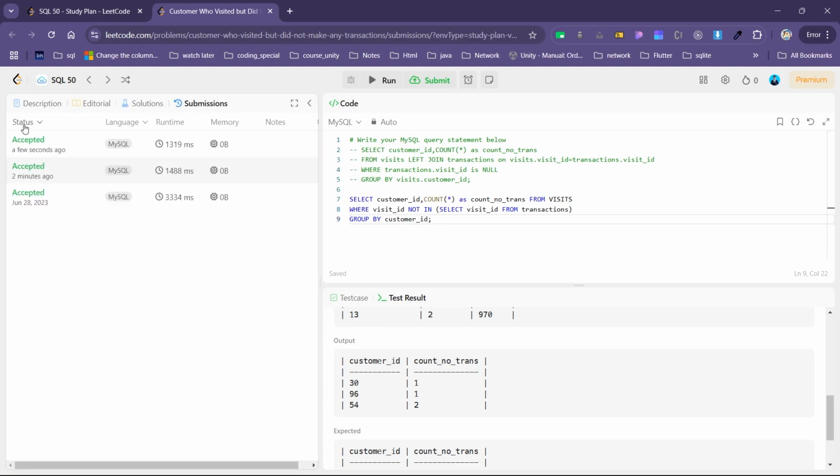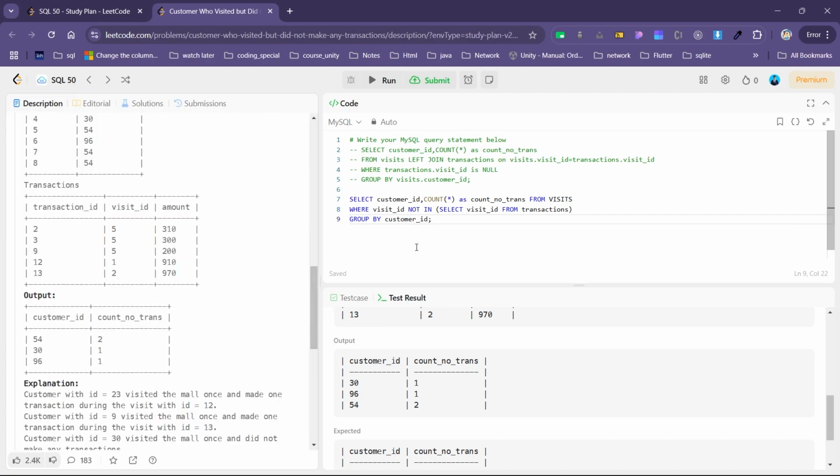Now let's try the third solution, and that is using cache. So you see in this query, we are running this condition where visit ID not in. So this query select visit ID from transactions. So transaction is a big table, right? Big in the sense that the entry has 3 columns. We can reduce this selection using only a single column only.